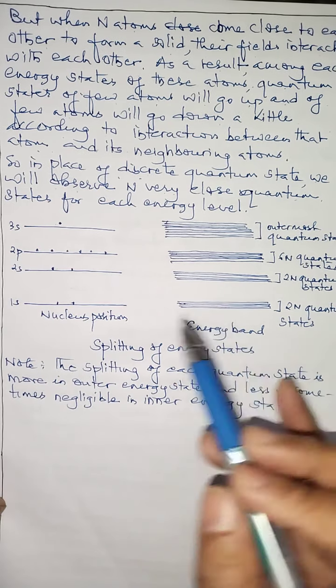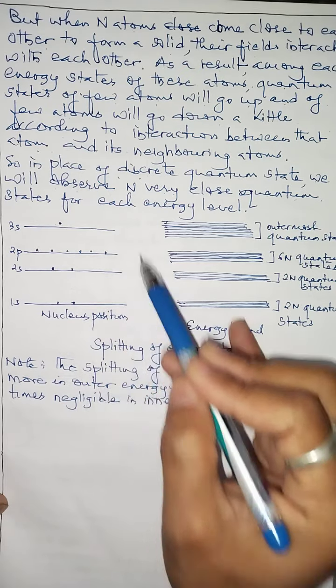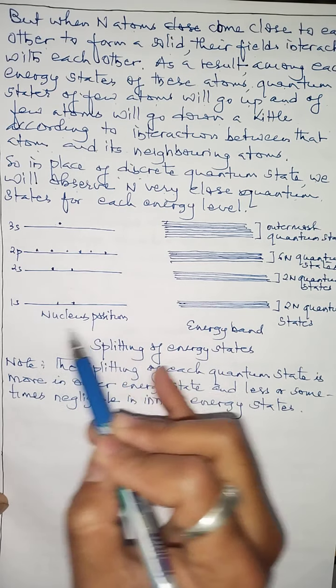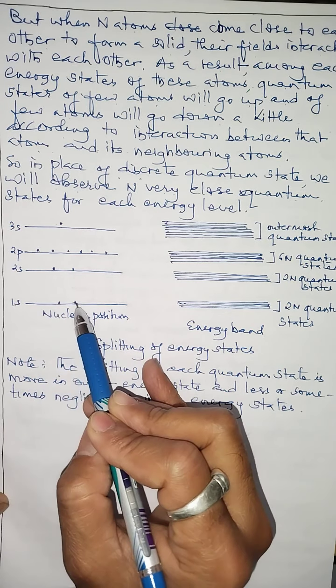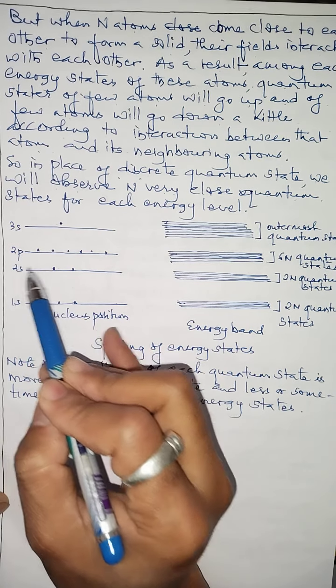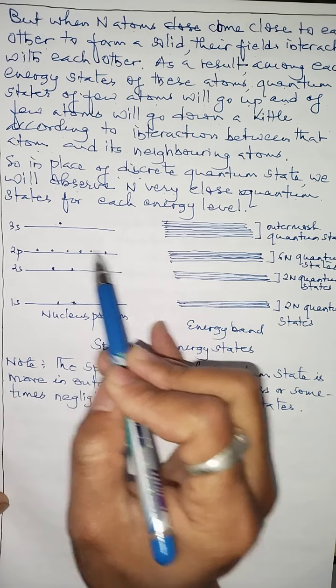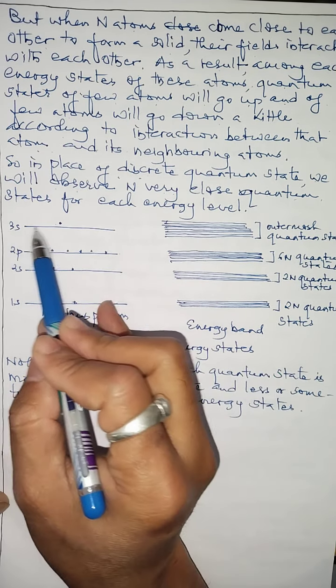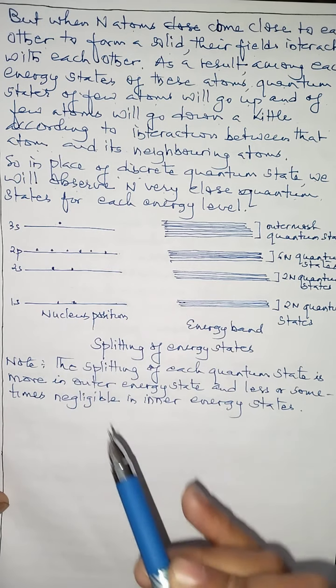Now if you look at the diagram, this is the energy level of an isolated sodium atom. The first orbit, 1s, contains 2 electrons, 2s again has 2 electrons, 2p has 6 electrons, and 1 electron is in the outermost orbit 3s, each acquiring a discrete energy level.